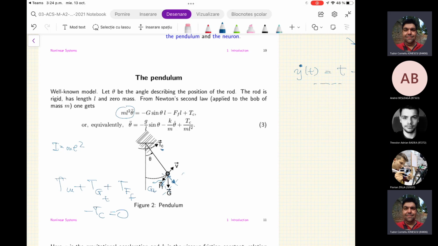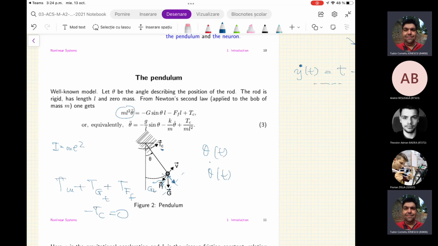So theta of t is the angular position of the rod, and theta dot of t is the angular speed or velocity. The rod is rigid, has length L, and is assumed to be of null mass. We use Newton's second law of motion applied to the bob of mass m.